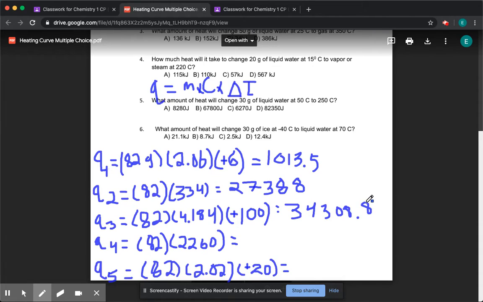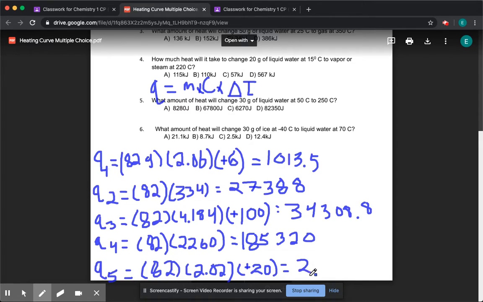82, 2260. This one's going to be the highest. 185,320. And then last but not least, 2.02 times 20.